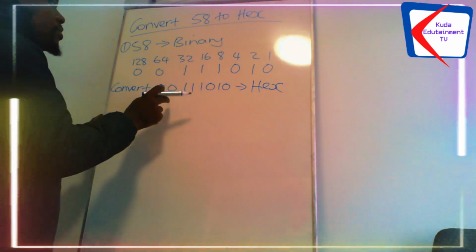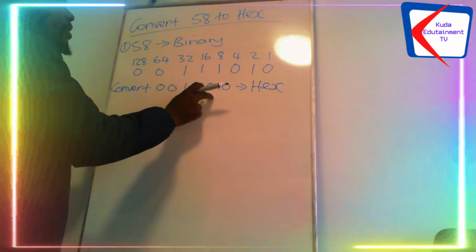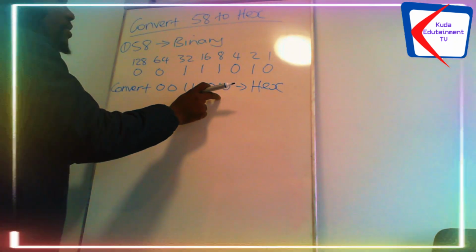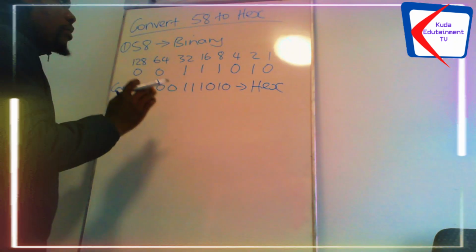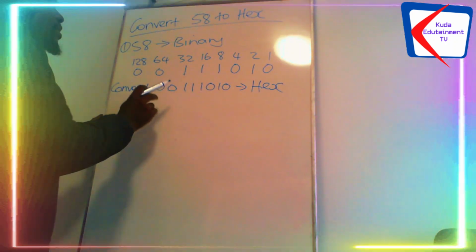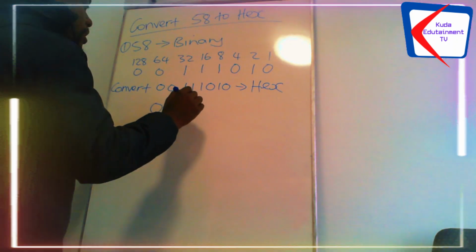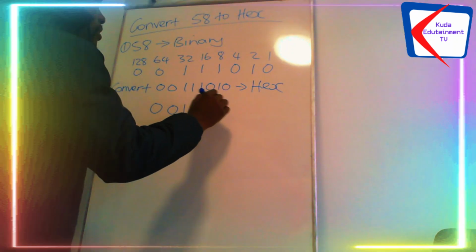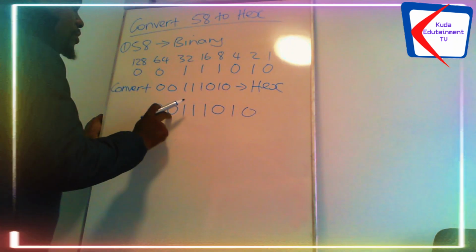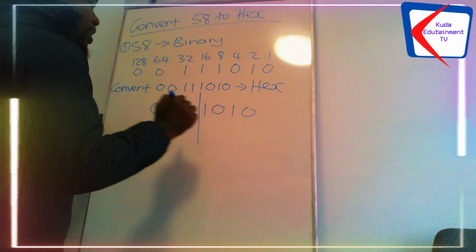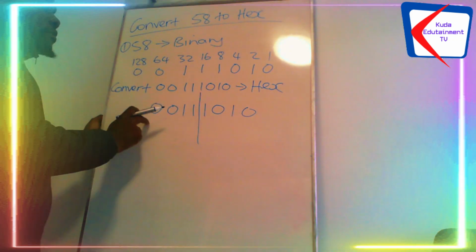What we simply have to do is count how many bits we have here. In this case, we've got 8 bits. So we divide into equal groups of 4-bit binary numbers. So we simply write 0011 1010, 1, 2, 3, 4. We put our demarcation line here.